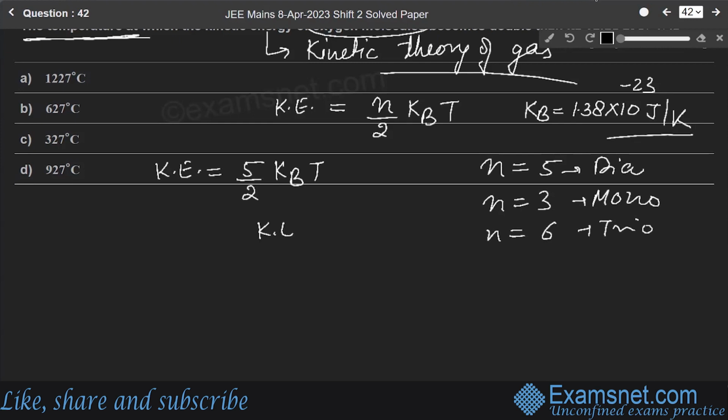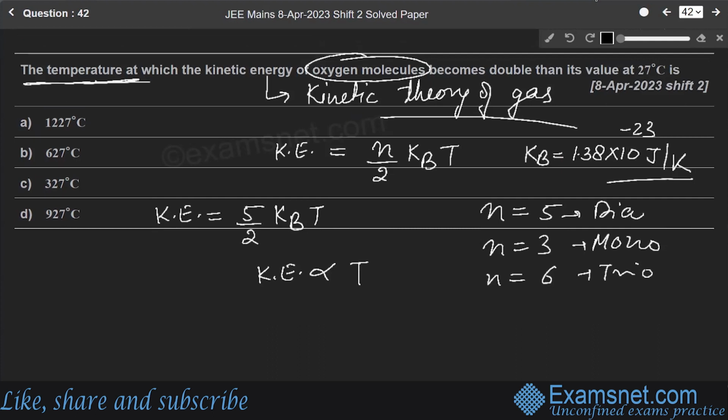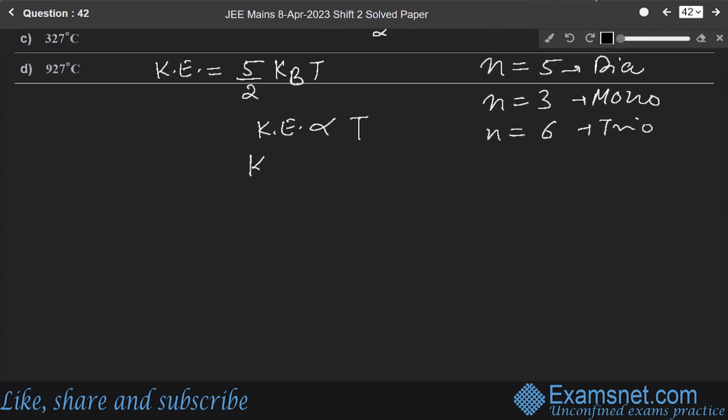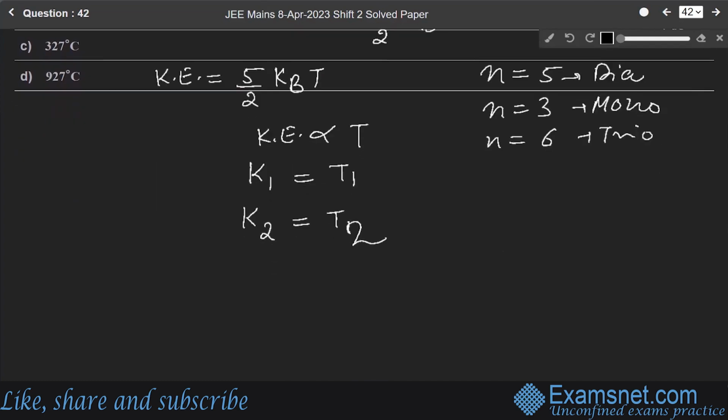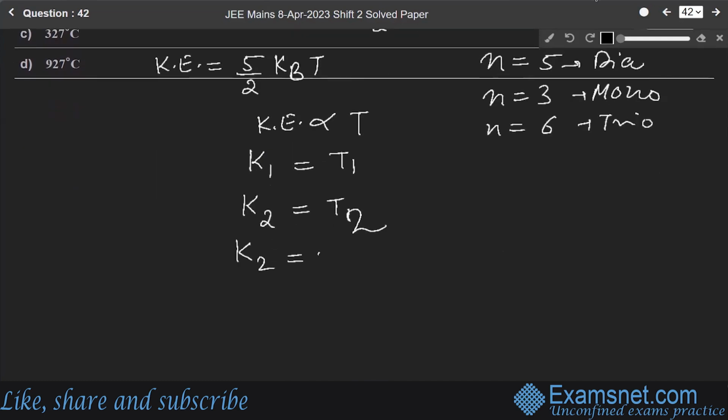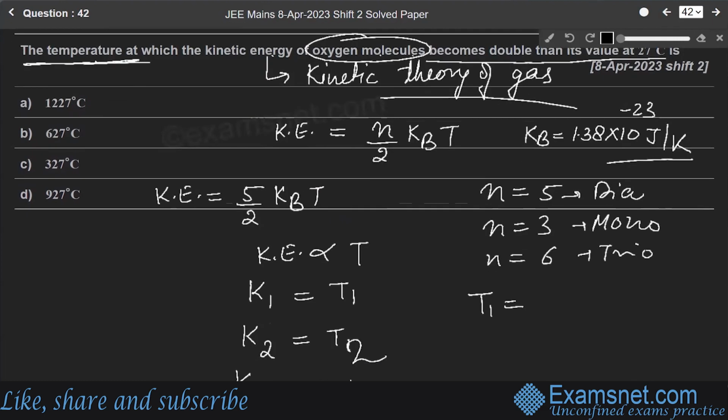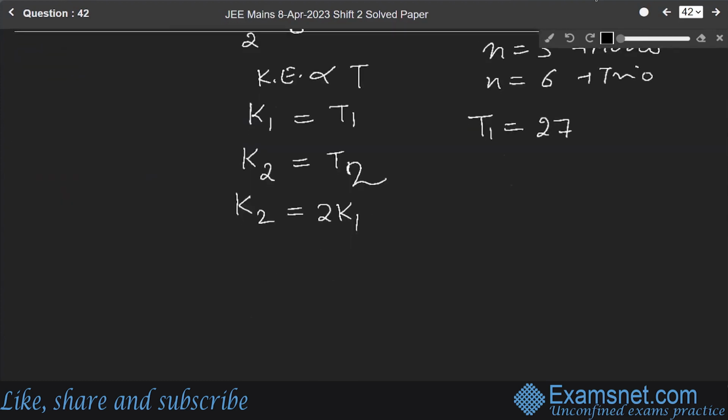So kinetic energy is directly proportional to temperature. The temperature at which the kinetic energy of oxygen molecule becomes double that at 27 degrees Celsius: K1 corresponds to T1 and K2 corresponds to T2. We have to find when the kinetic energy becomes double, meaning K2 equals 2K1. T1 is given as 27 degrees Celsius, which means 300 Kelvin.